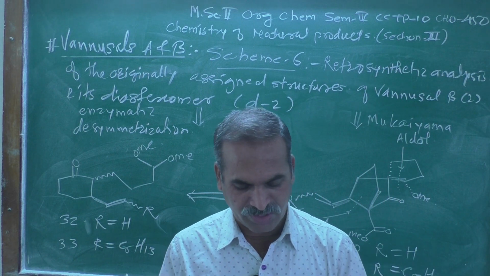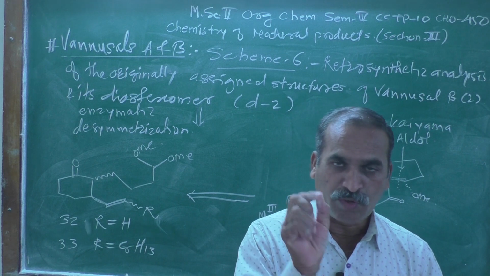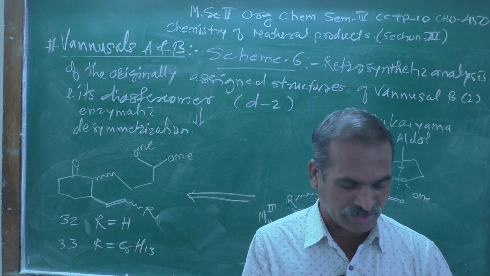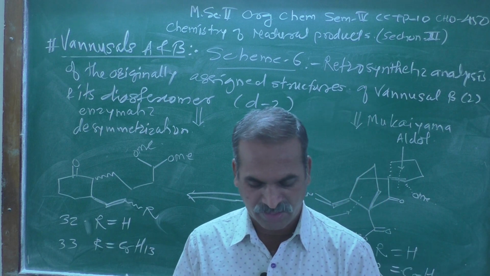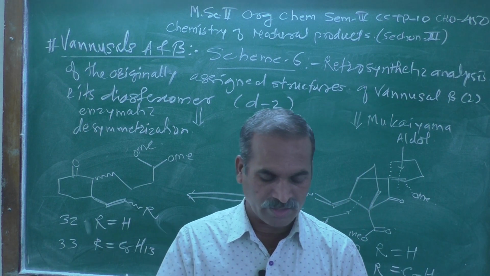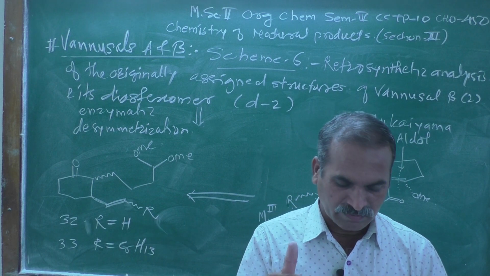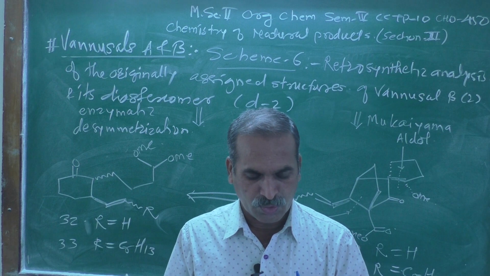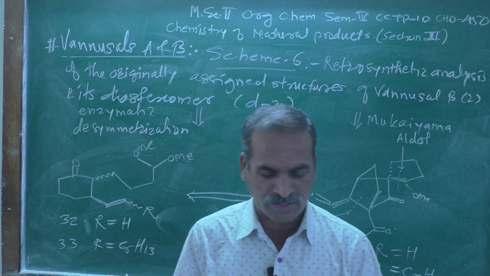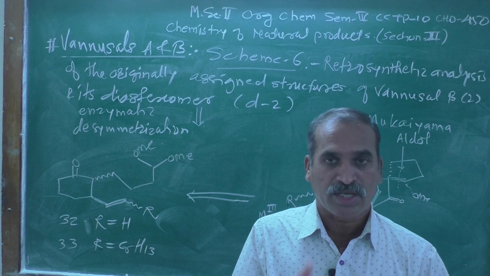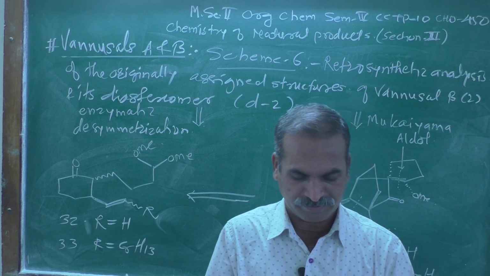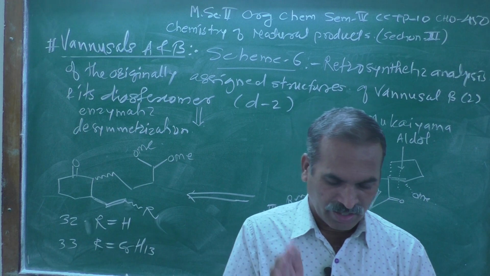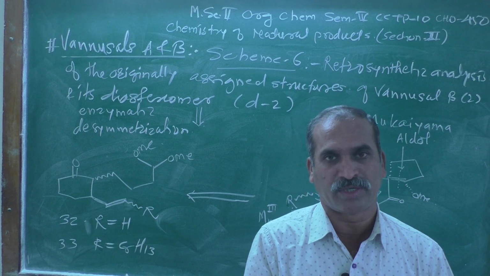Both intermediates 24 and 25, which we have represented in scheme number 6, were then converted retrosynthetically to building blocks 26, enantiopure, and 27, racemic or enantiopure.